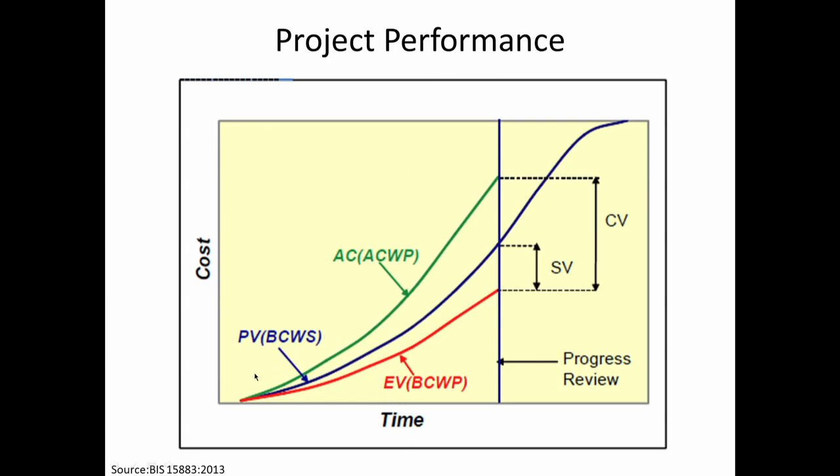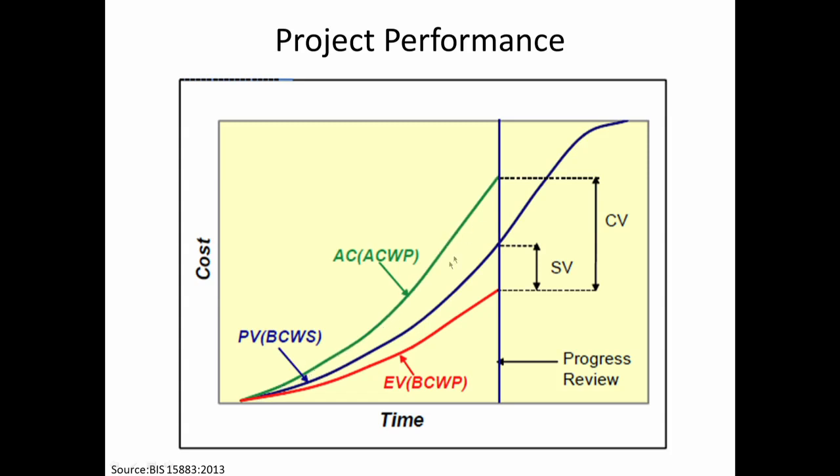So we have the budgeted cost of work schedule. This is the blue line. Like we said, this is our S curve as per plan, and then we have the other curve, the green one, which is actual cost of work performed.